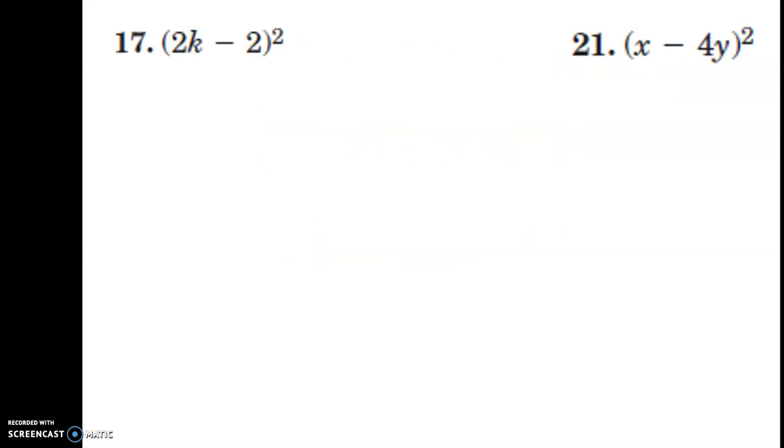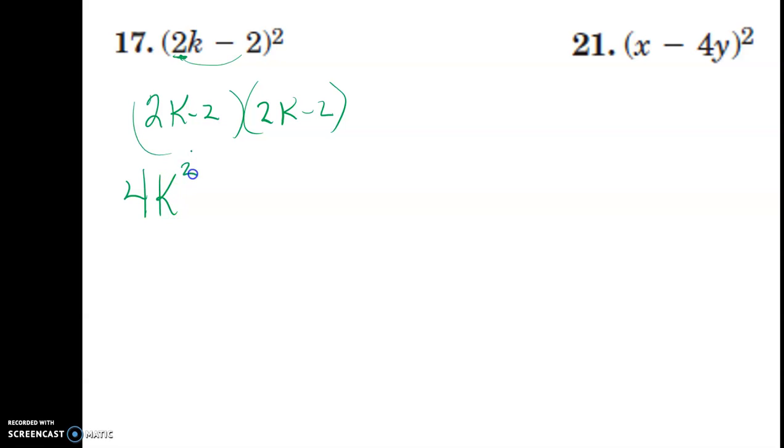So we do have, again, the idea of a coefficient this time, which we didn't have on the other one, 2k minus 2 times 2k minus 2. So again, if I'm thinking about my first two terms, we have 4k squared.